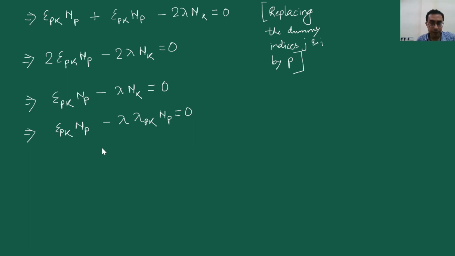Sorry, this should be a delta. Epsilon pk minus lambda delta pk, np.